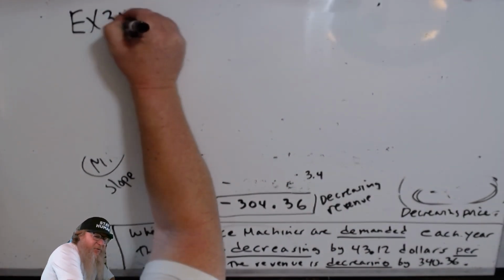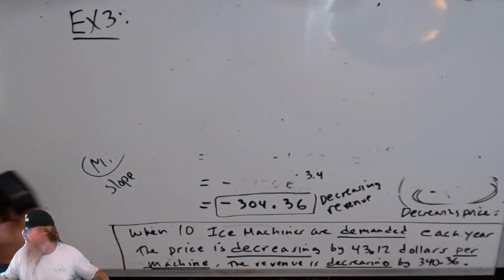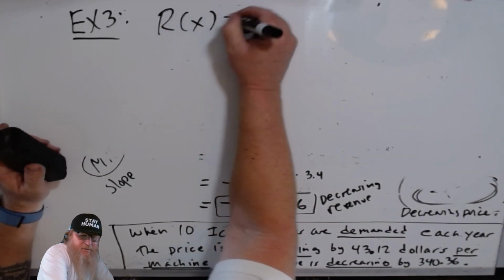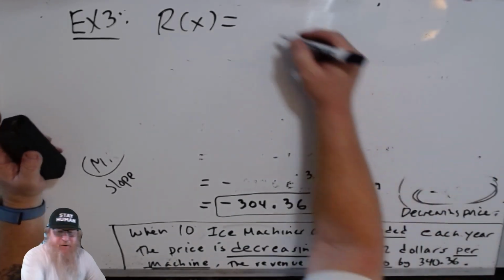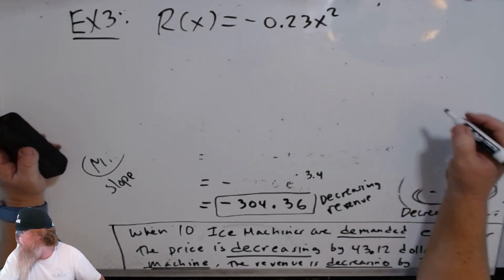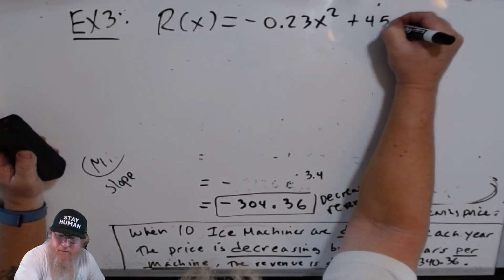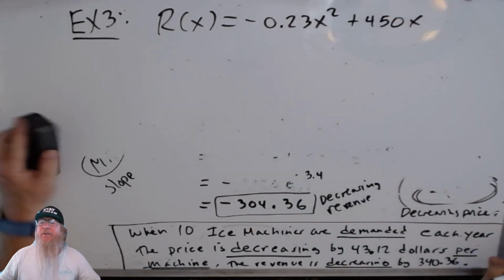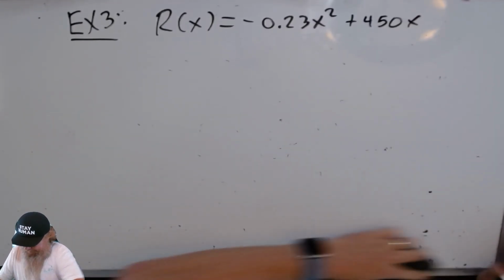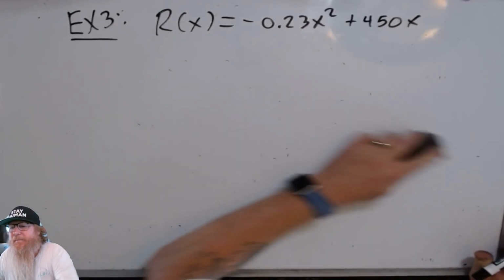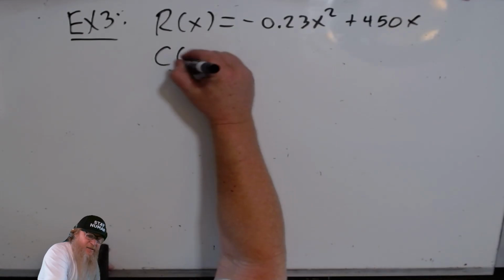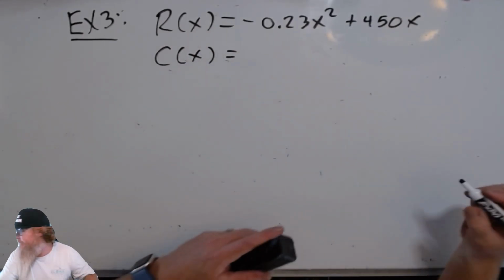So example 3, suppose the revenue is given by this function. So I'm just giving you the revenue function. And the cost is given by this function.